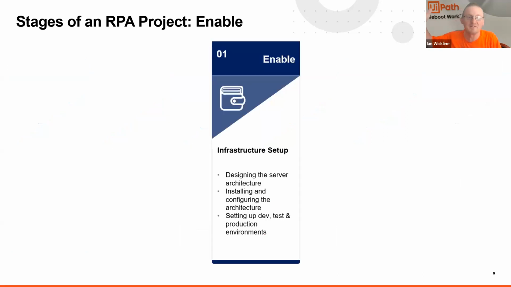So now let's take it down a little bit deeper on a stage-by-stage basis. The enable stage is a crucial phase, again, in establishing that solid foundation for the solution architecture and the process within an organization. During the enable stage, the organization focuses on setting up the necessary infrastructure.